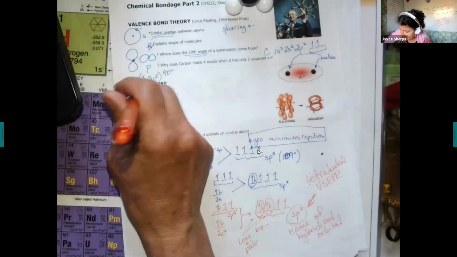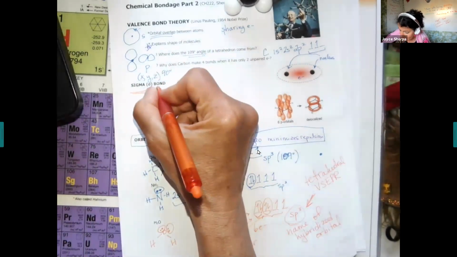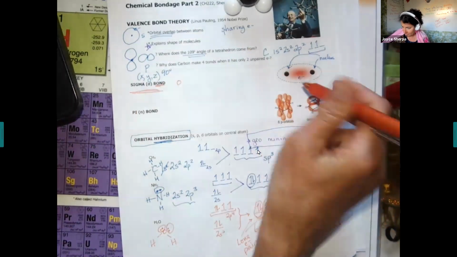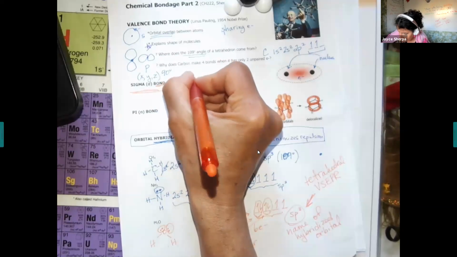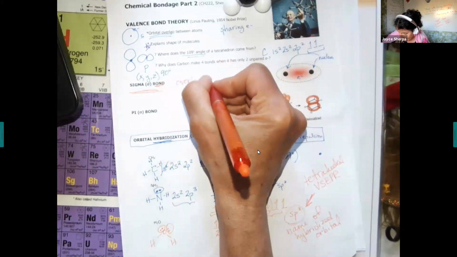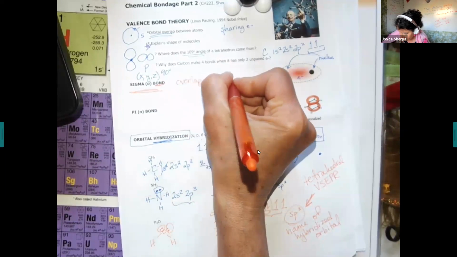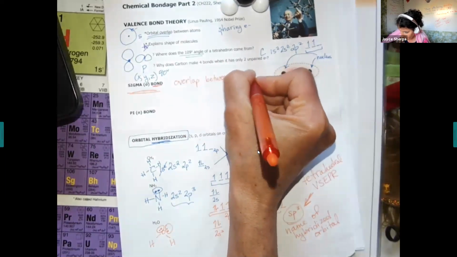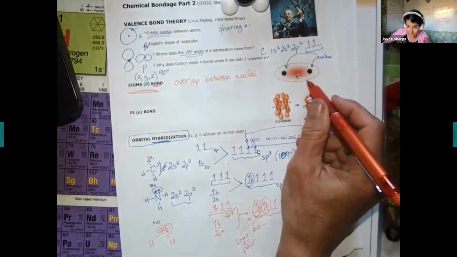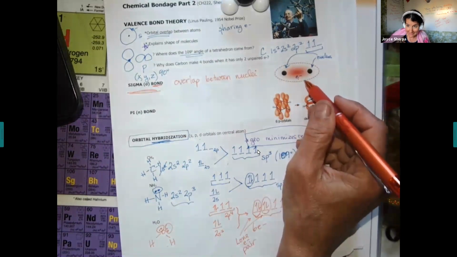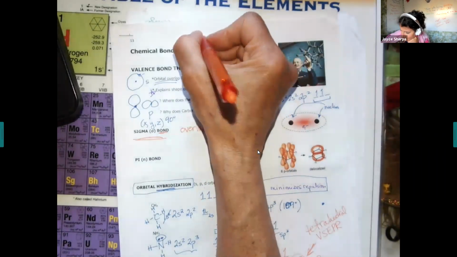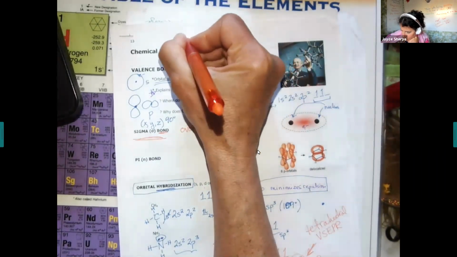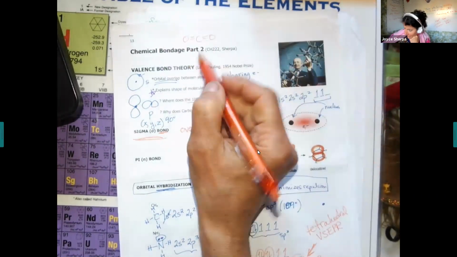So a sigma bond means overlap. A sigma bond is overlap between the nuclei. That's what this picture shows. That's a sigma bond. The problem is, when you see me draw something like carbon, oxygen, CO2, you think there's 4 electrons.